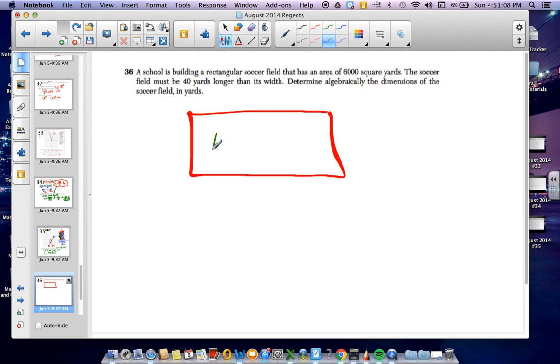So it has an area of 6,000 square yards, and it's a rectangle, so we'll keep in mind square yards. The formula for area, hopefully we're aware of this at this point, is length times width.